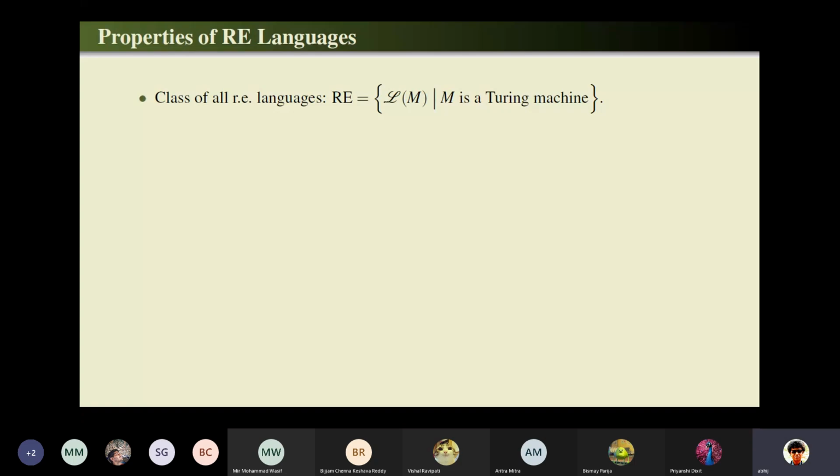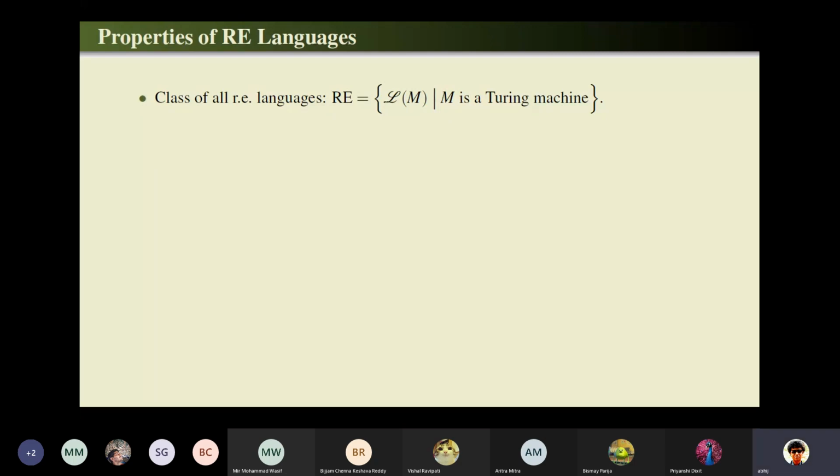Whether you call it a class or a set is not relevant in what follows. It's a different kind of mathematical argument or setting. Anyway, by capital RE, I will imply the collection of all RE languages.